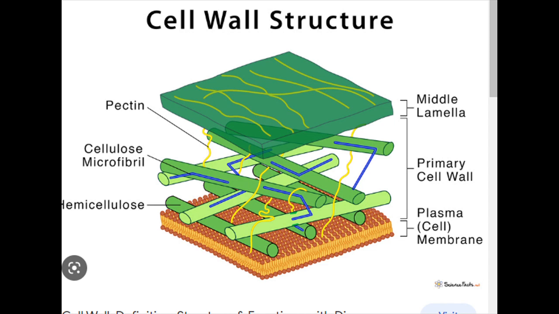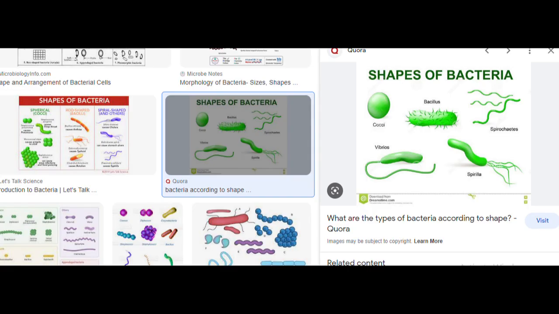Now we're going to move on to the next explanation. The amount of capsule produced depends on the growth environment. For example, a polysaccharide capsule-producing organism will produce more in media containing sugar.